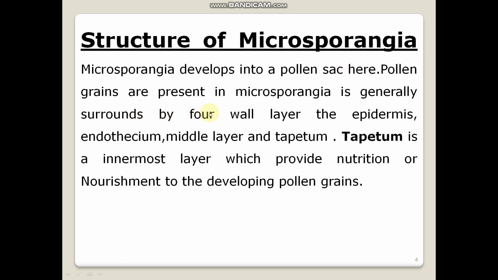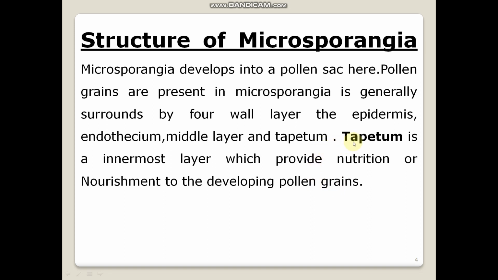Pollen grains are present in the microsporangia, which is generally surrounded by four wall layers: the epidermis, endothecium, middle layer and tapetum. Students, please remember, concentrate here. The tapetum is the innermost layer which provides nutrition or nourishment to the developing pollen grains. Clear?